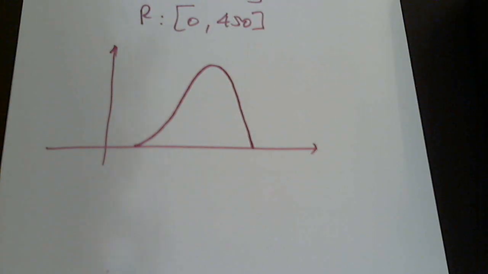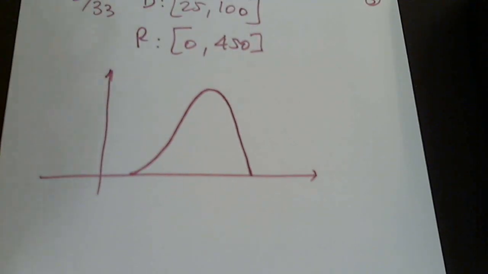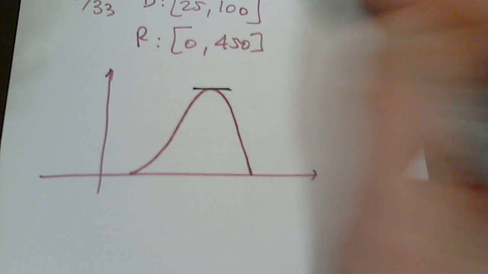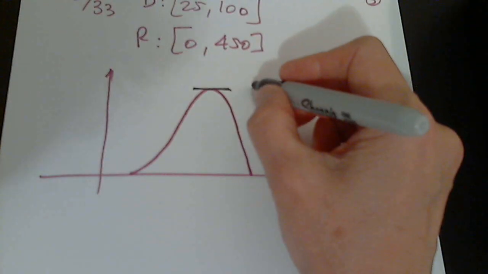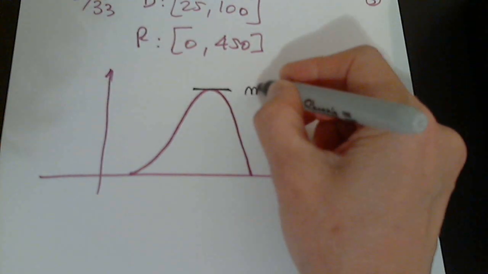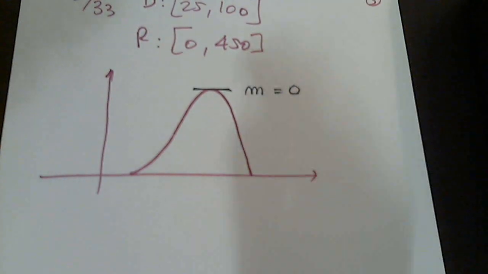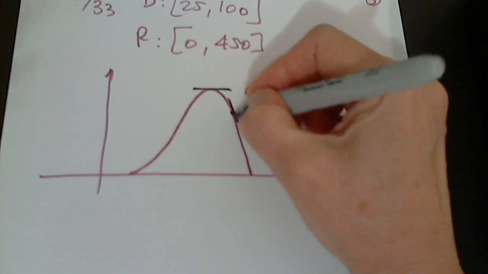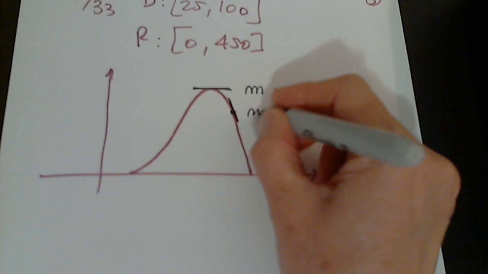Okay. So now this is the graph. So obviously here, the rate of change is 0. What is the slope of this line? 0. Here, the slope of this line, I don't care what it is, is negative.